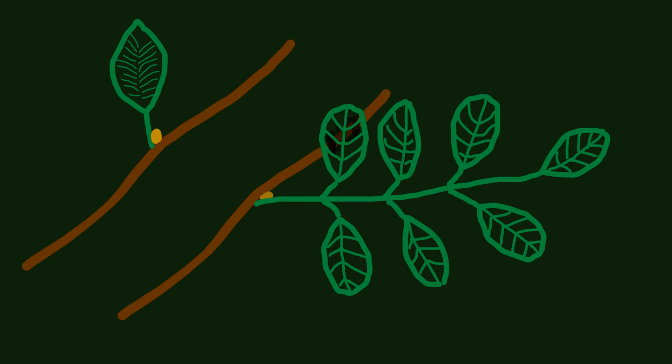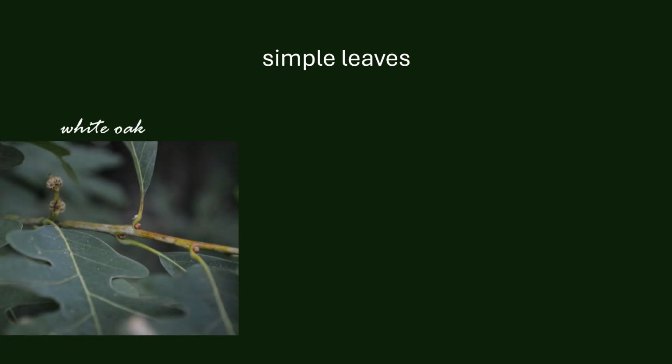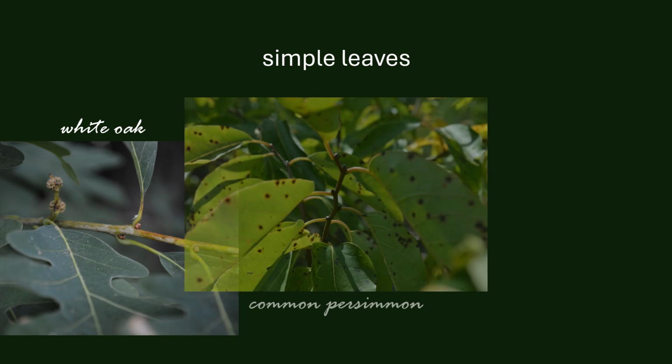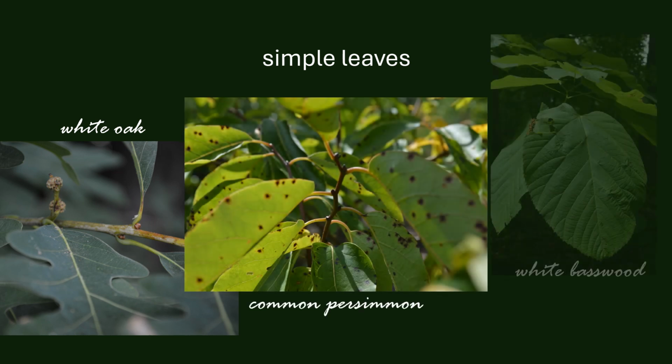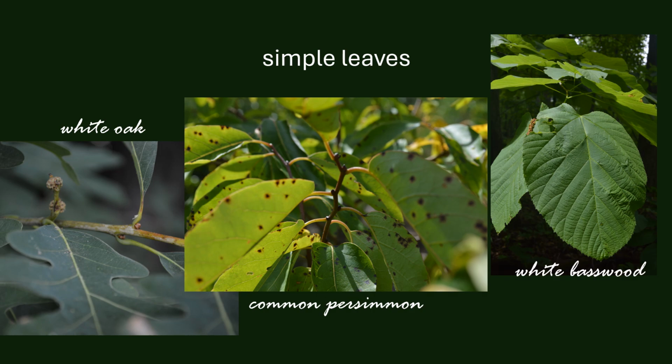If the stem or petiole has 1 leaf blade, then the leaf is simple. If there are multiple leaf blades, which we call leaflets, then the leaf is compound. A lot of hardwood species have simple leaves, including oak, elm, birch, beech, chestnut, black gum, persimmon, sweet gum, sycamore, dogwood, sourwood, redbud, and most maples.